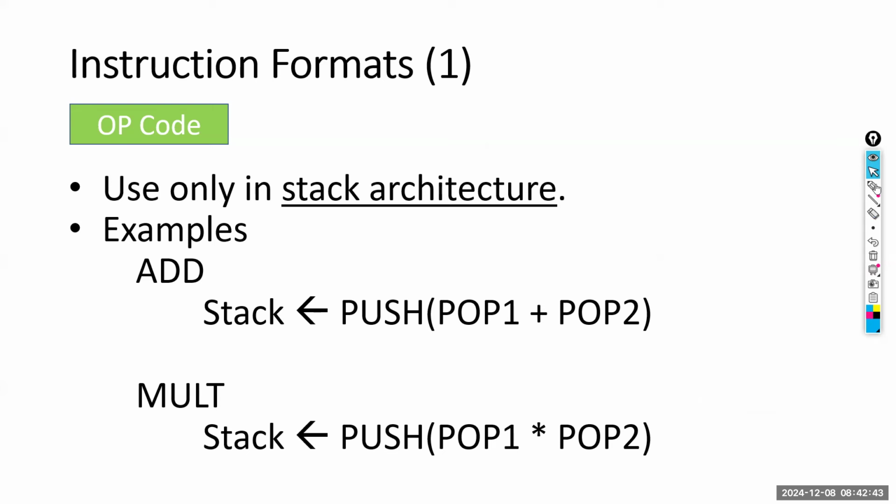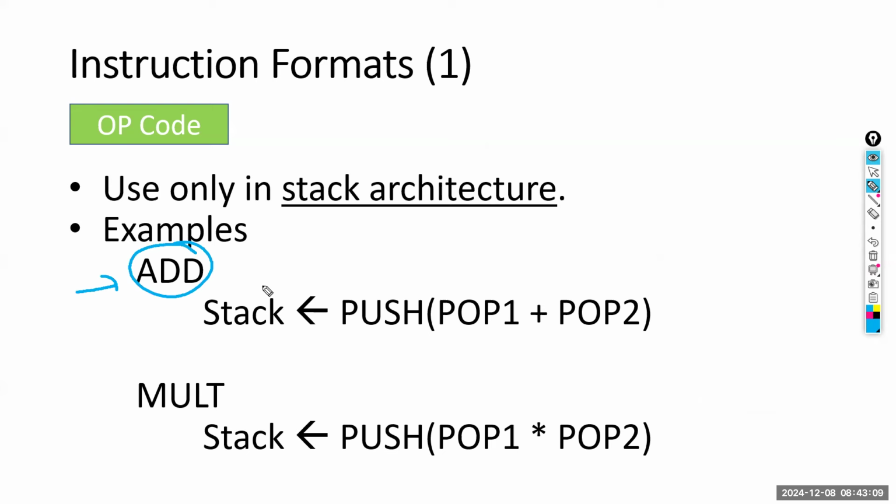Some instructions have just the operation code. Operation code means the operation to be done. It just says add. These kinds of things you will see in stack architecture. When you say add, it means pop two values, add those values, and push the result back to the stack.